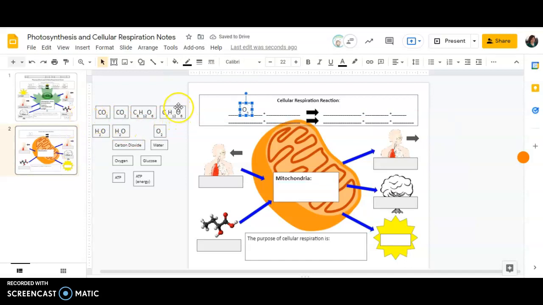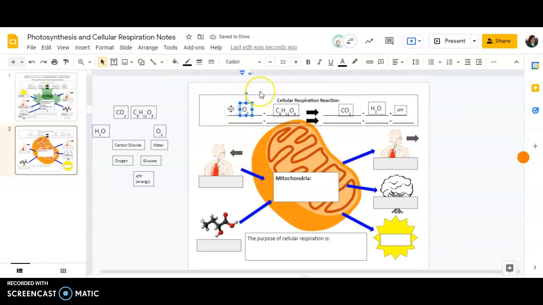Okay, we're going to take the glucose that we just made, and we're going to take that, and that's going to create carbon dioxide and water, which are extra parts. We don't need those. The main goal of this is we're creating ATP. It's called Adenosine Triphosphate. That's the abbreviation for it.